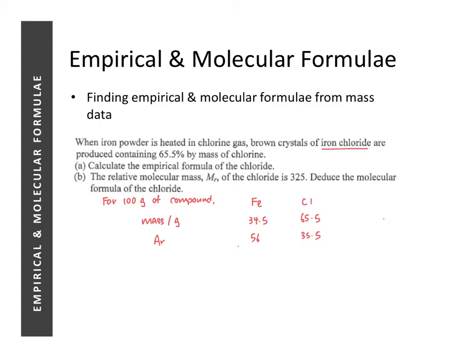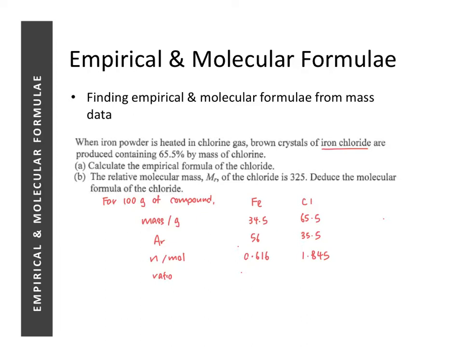Next, we have to find the number of moles, which is mass divided by molar mass. I'm going to write down the numbers straight away. Then lastly, we need to find the ratio of iron to chlorine, and this one is quite simple.